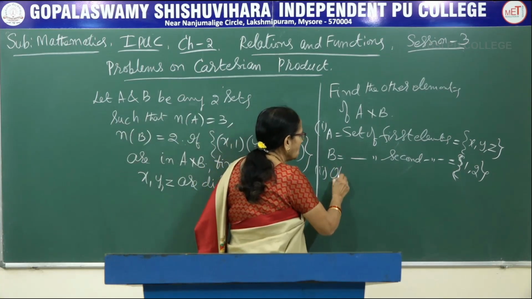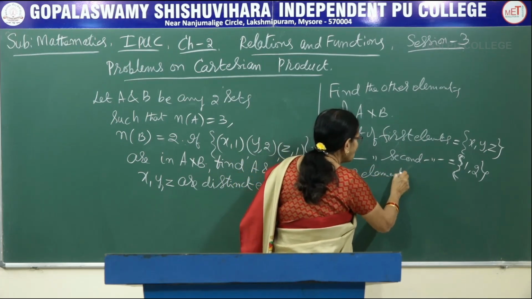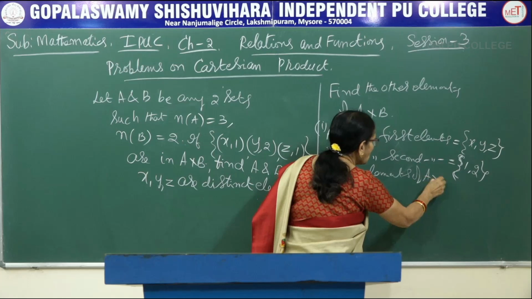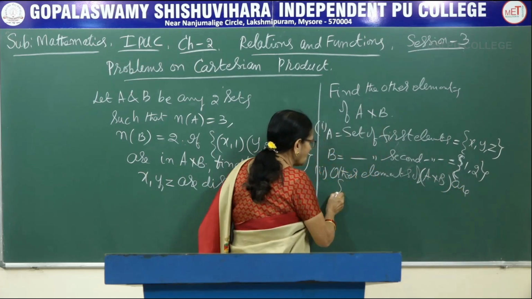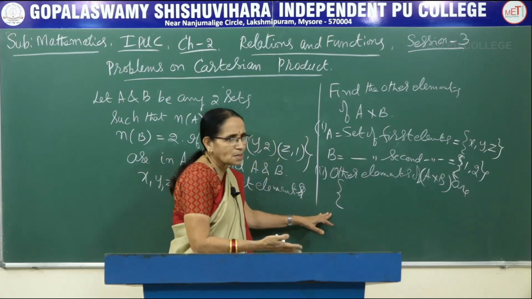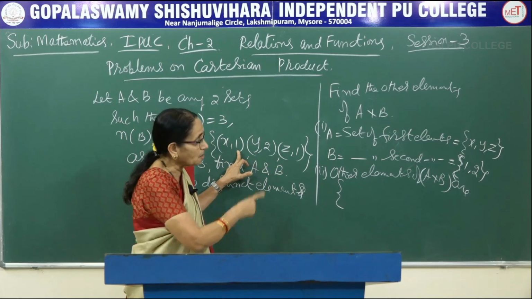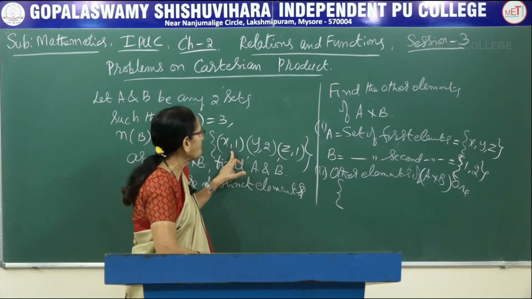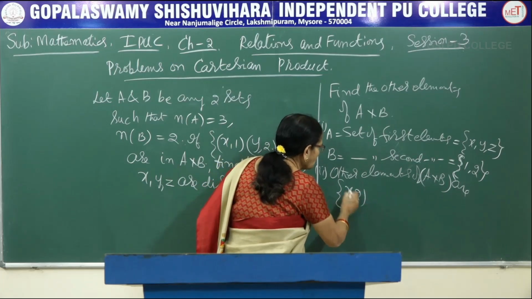Therefore, you write the other elements. The other elements of A cross B are, write the remaining elements. You can write the flower bracket or directly you can write. See, x with 1 is already given. Other elements means the remaining 3 you have to write. X with 1 is given, therefore you have to write x with 2.